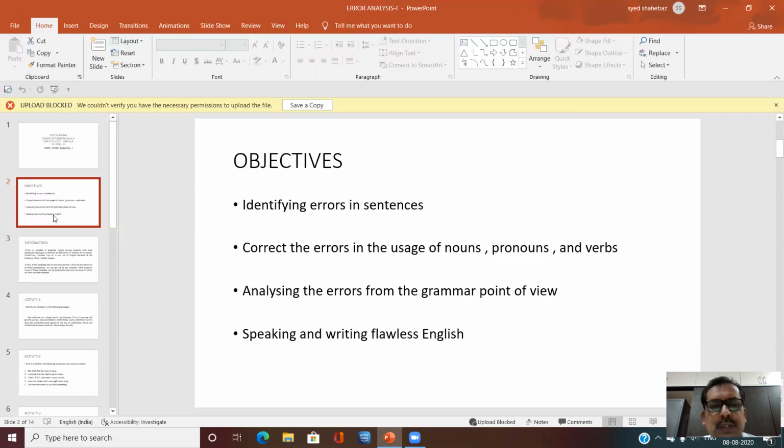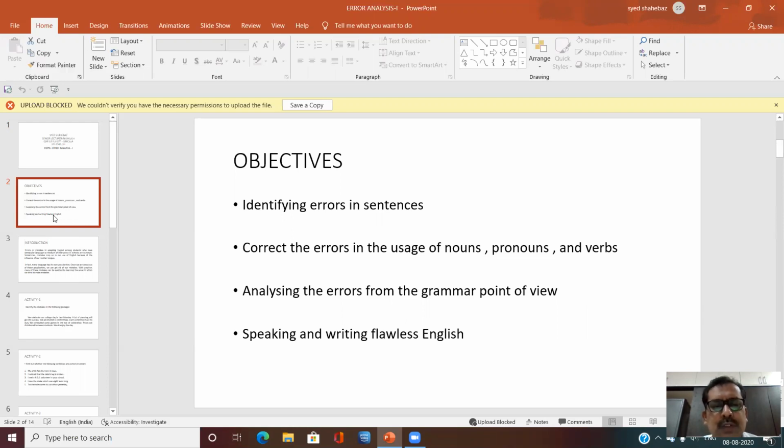The third objective is analyzing the errors from the grammar point of view. When we analyze the mistakes, let us see what is the mistake, let us correct it, and let us see what the grammar point says about that mistake. We are going to look into all these aspects.